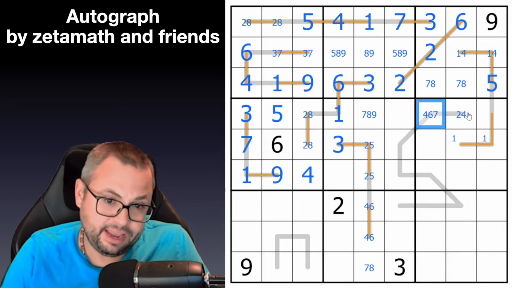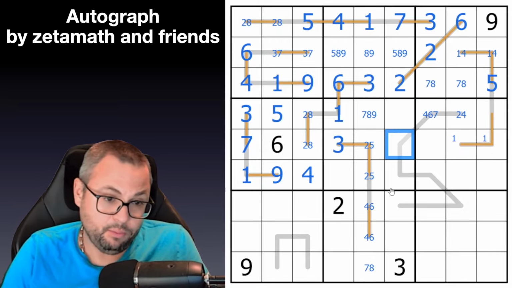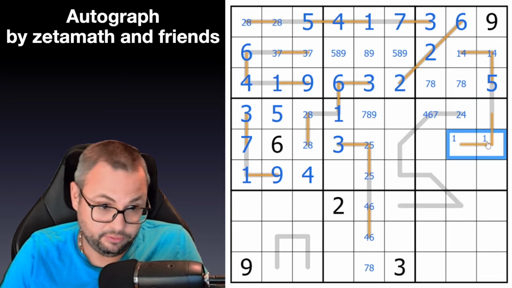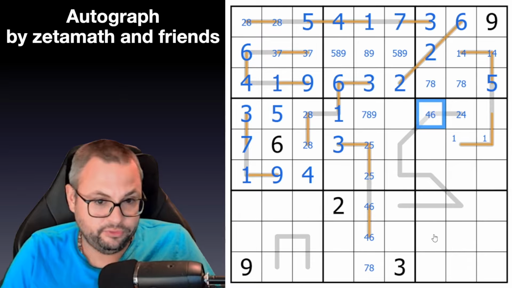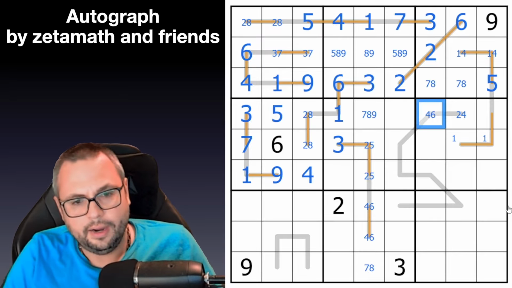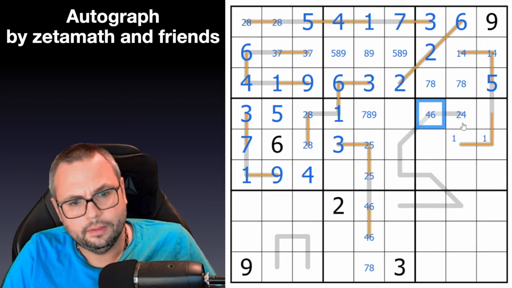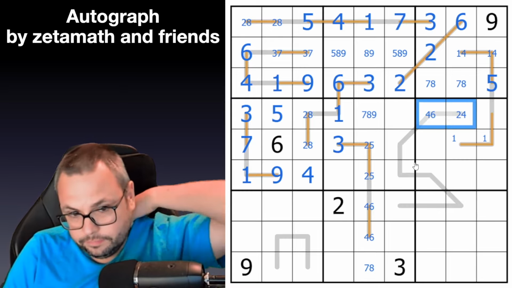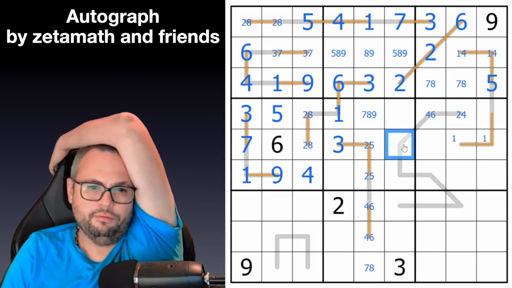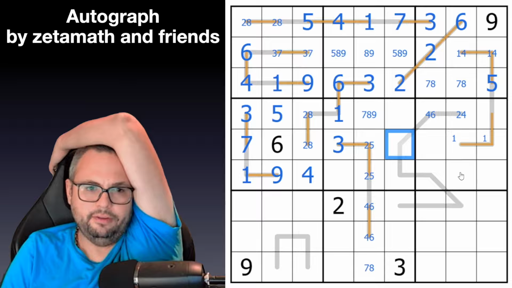And if this is a 7, that would have to be a 2, and this would have to be a 1. That doesn't work either, because there's a 1 looking over and a 1 in the box and all that sort of thing. So this is always 4 or 6. This being 2, 4, 4 is the possibility that I am trying to rule out, that I don't think I can rule out as of yet.